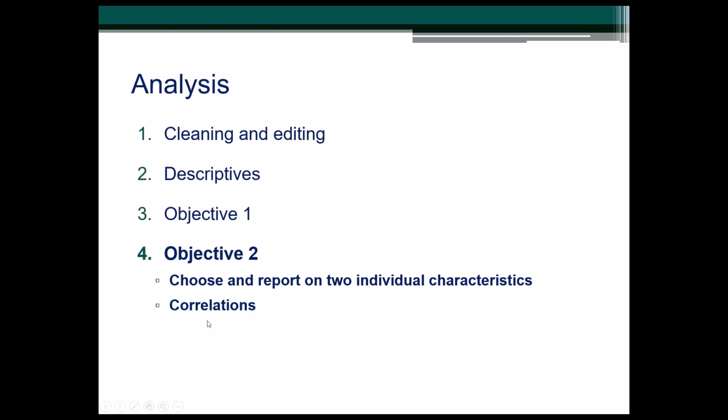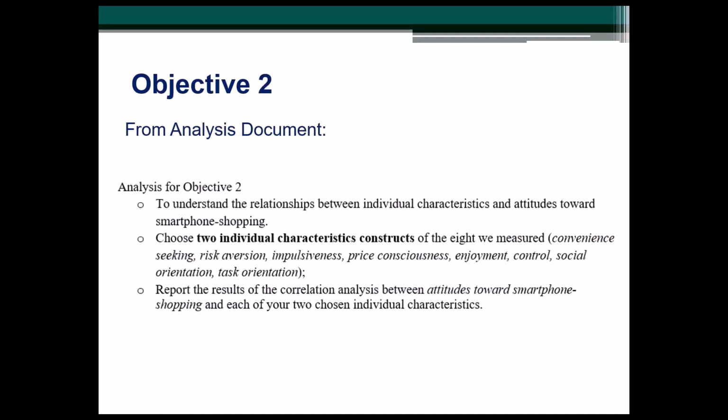In terms of objective 2, this is where you're going to start to use a different type of analysis technique, and this is where we're going to rely on correlation, which is what we discussed in the first video of this module, part A, correlation. So for objective 2, remember, this is where you're going to try to understand the relationships between individual characteristics and attitude towards smartphone shopping, and you're going to choose 2 of the 8 that we measured.